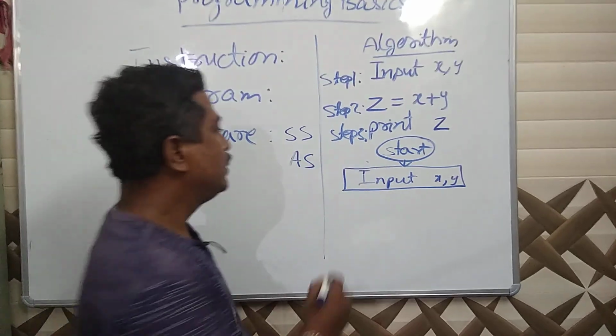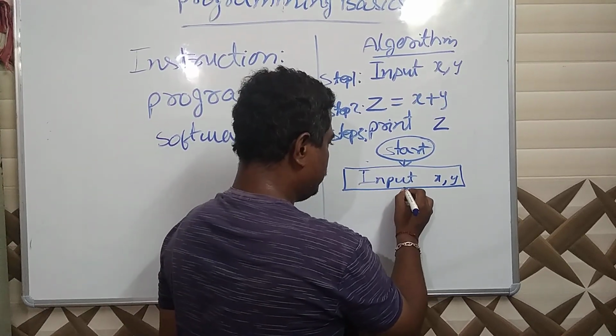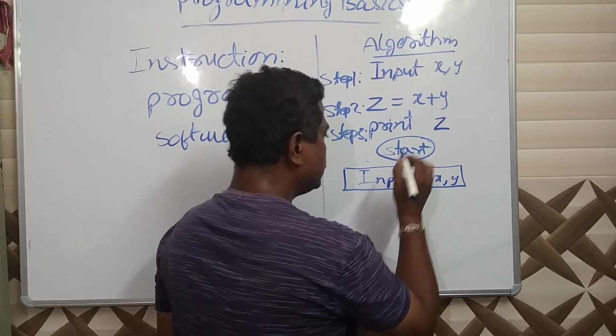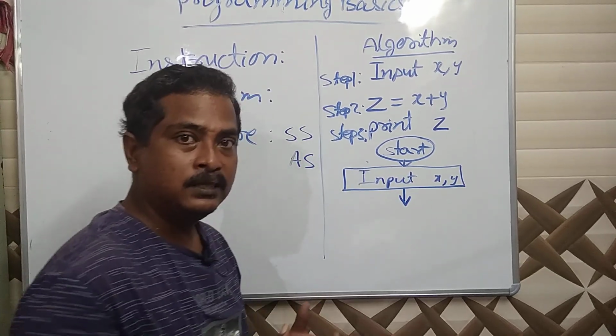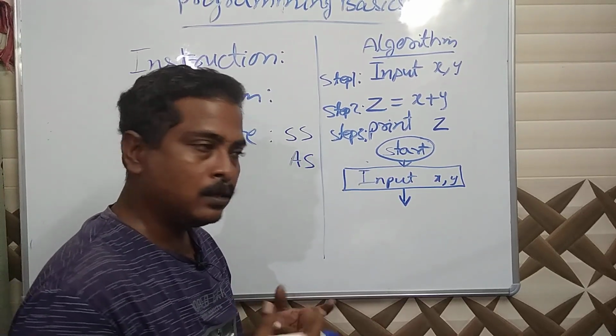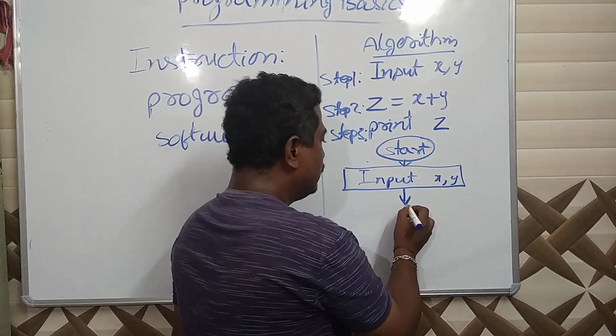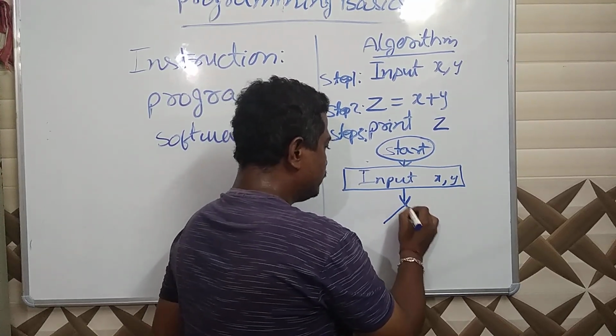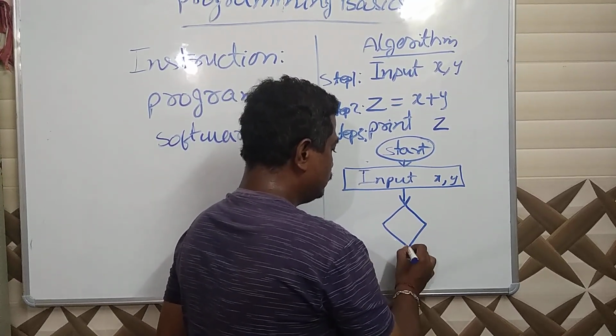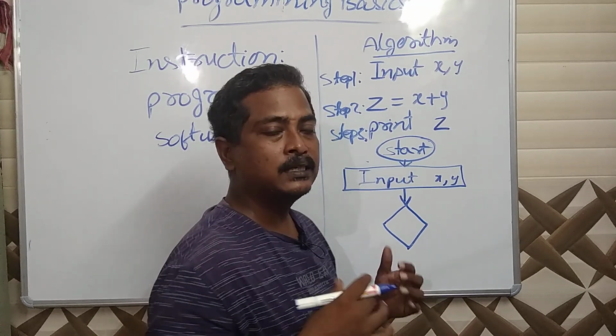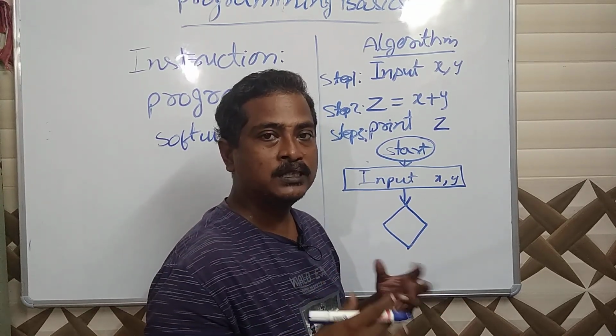Okay, now if you want to check the condition whether input is done or not, then you may give a diamond shape here. Suppose you want to check whether x, y are negative, positive, 0.